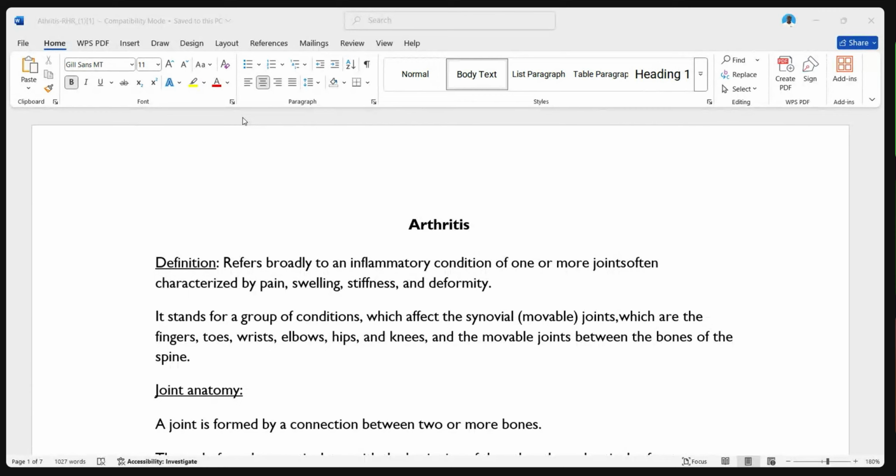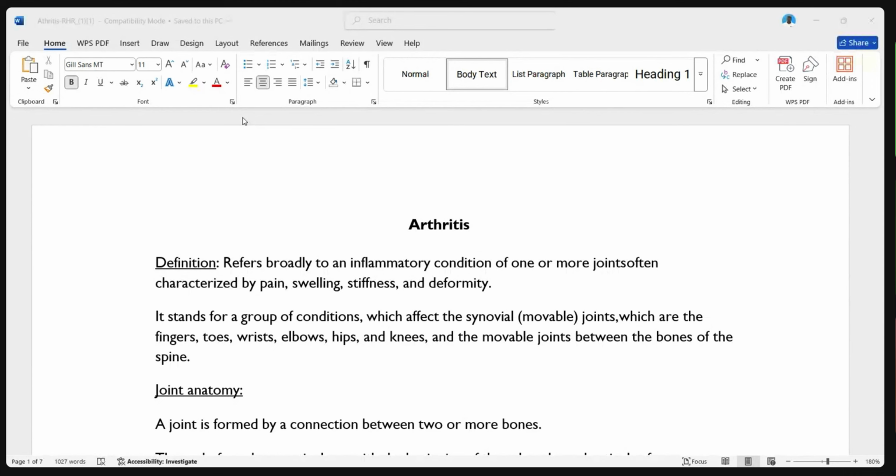So this basically means that it primarily brings about wear and tear. And we were very specific yesterday when we talked about the articular cartilage. That is a very specific part of the joint that experiences the wear and tear. It's called the articular cartilage.